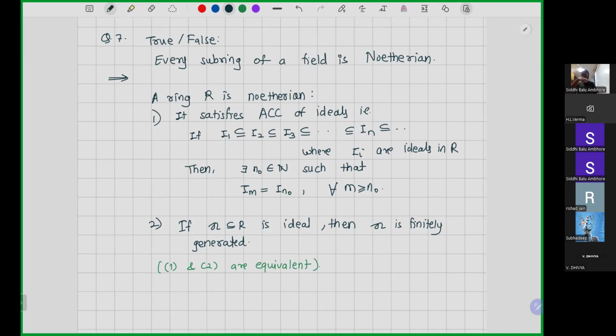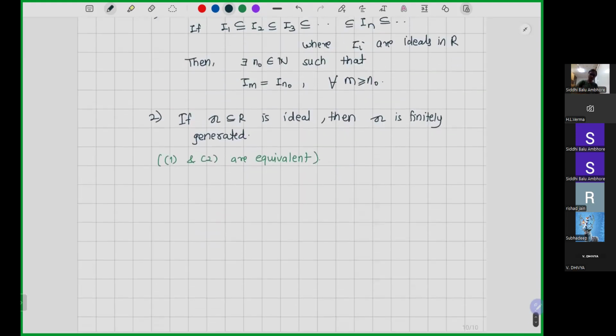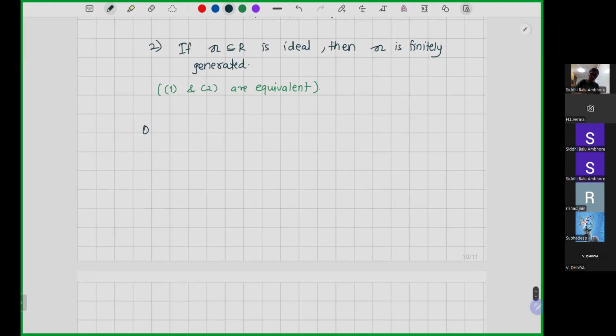So the only possible ideals in a field are the zero ideal and the field F itself.